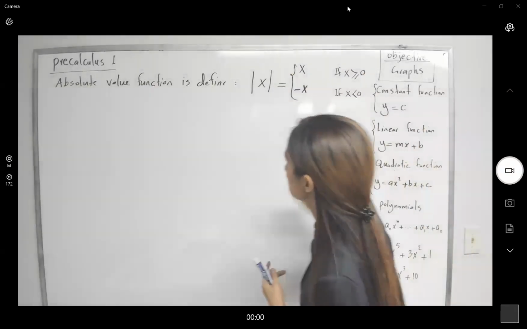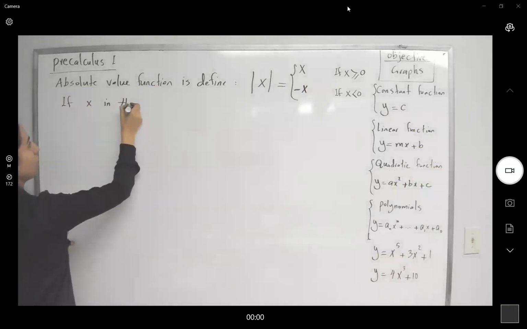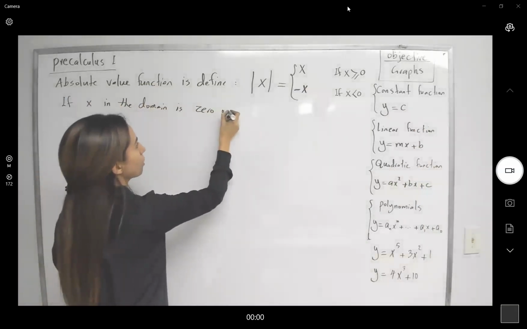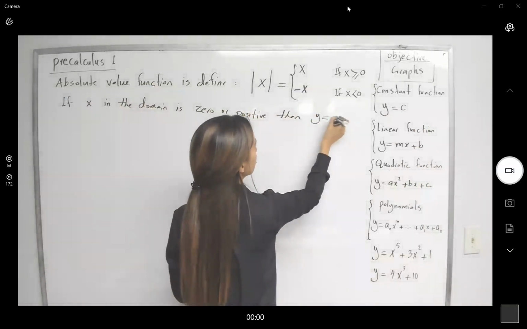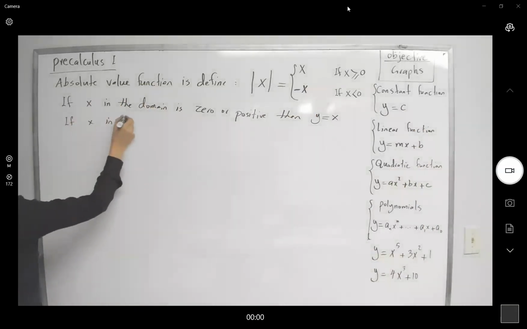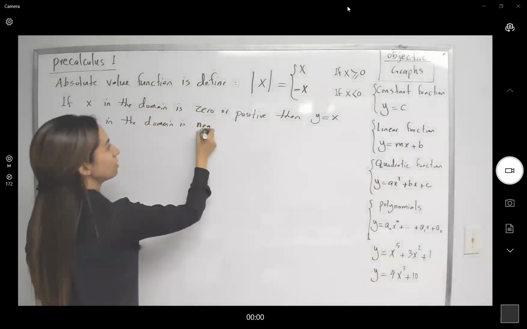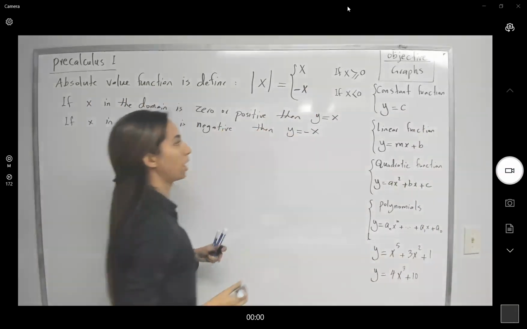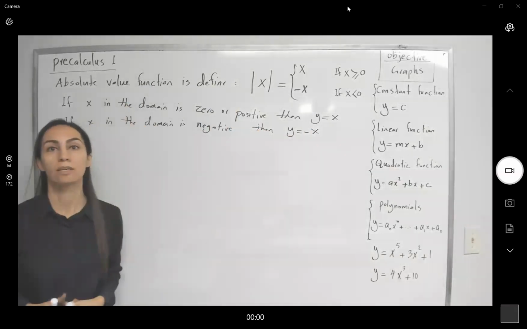So what's the meaning of that? If x in the domain is 0 or positive, then the y value is equal to x. If x in the domain is negative, then y is equal to minus x. This is the interpretation of this mathematical form.